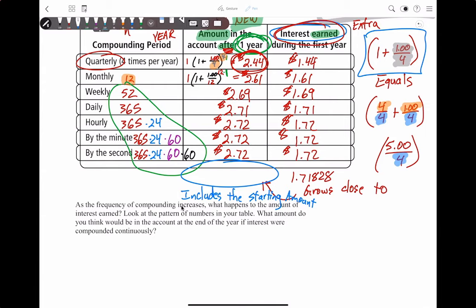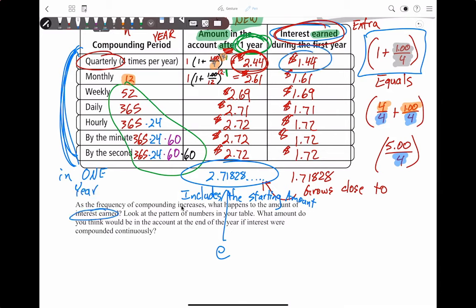This is e. So as the frequency of compounding increases, in other words, as you get hit and hit and hit with more times that you're getting hit with interest in 1 year, the more money the interest will earn. So obviously, look at this. 1.44 is just getting hit 4 times a year.